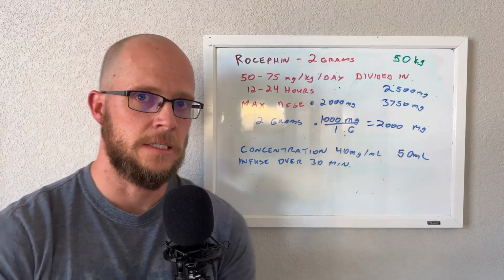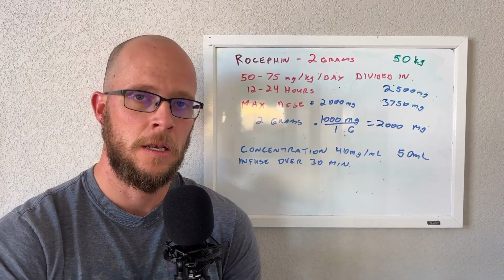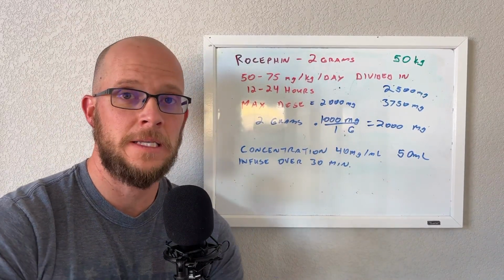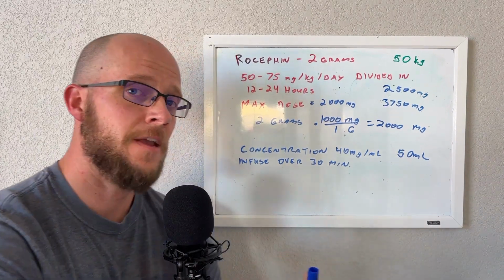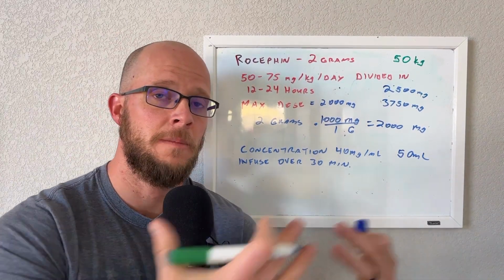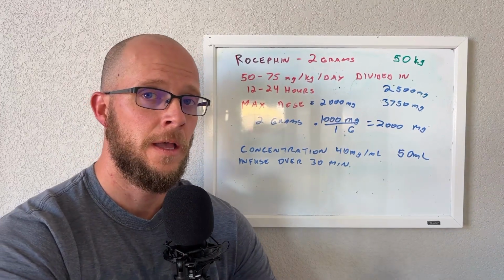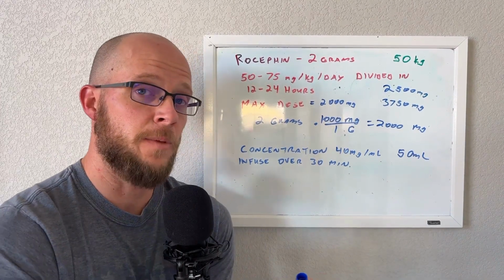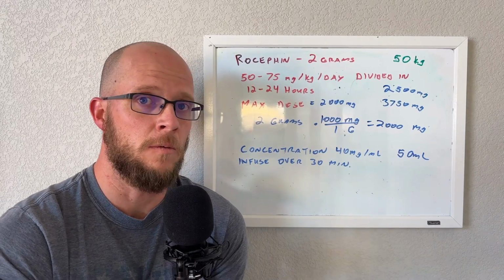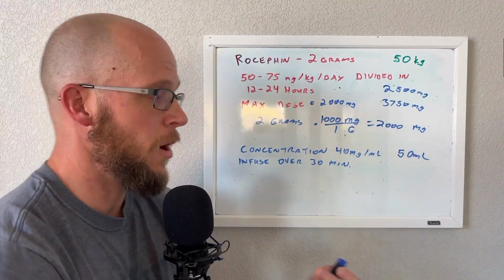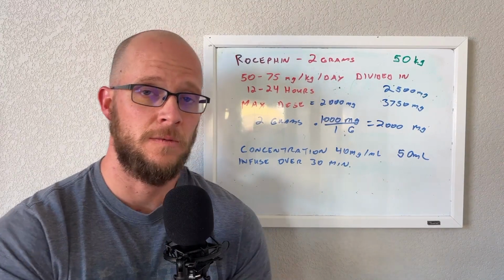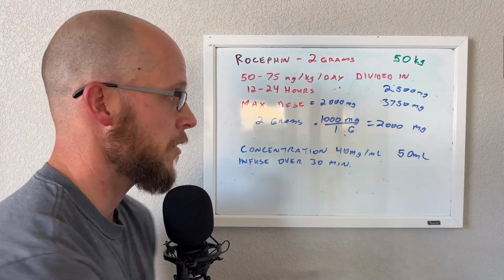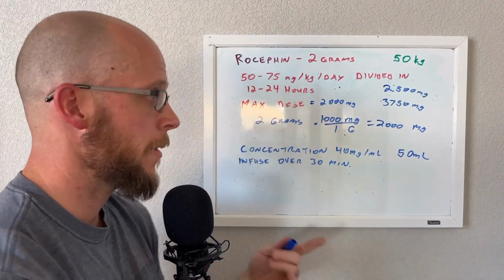Well, I know that there's 60 minutes in an hour, right? Your pump probably is going to be something in milliliters per hour. So we need to figure out, how do I get to milliliters per hour? Some of them may do milliliters per minute. Mine don't, right? So most of them are going to be milliliters per hour is what you need to get to. So before we do that though, what do I know?